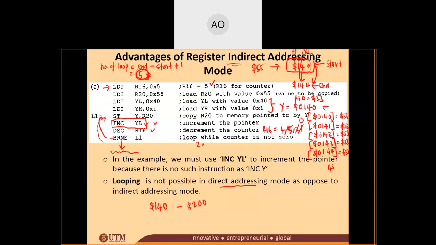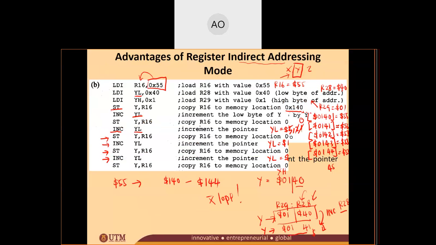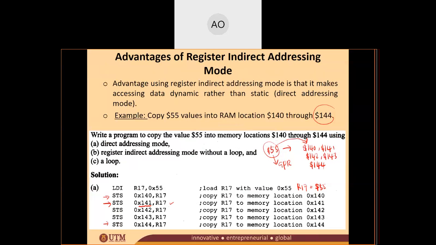Alright, so let's take the same example. Now we're going to save the value starting from address 140 to address 200, for example. So what are you going to do? If you use the direct addressing mode, you need to copy this STS instruction.